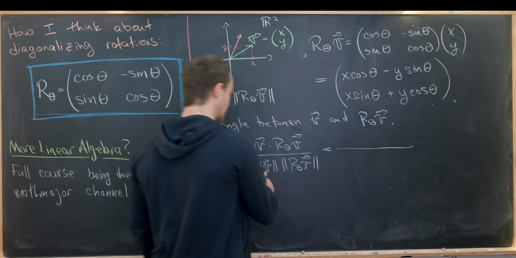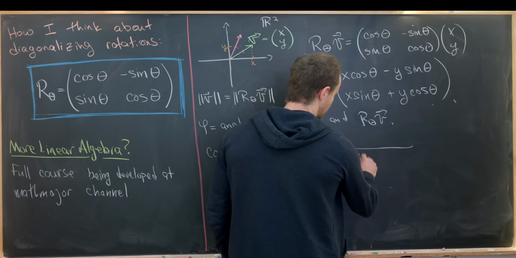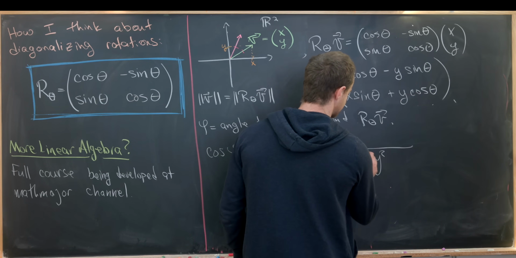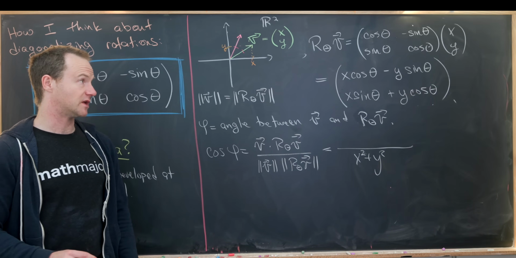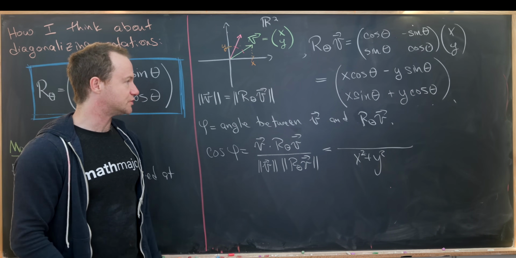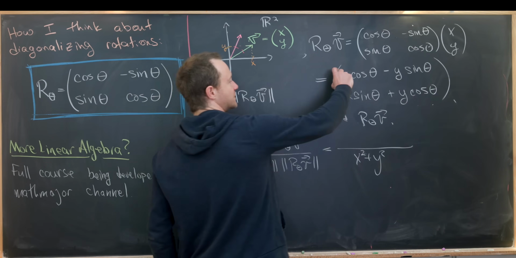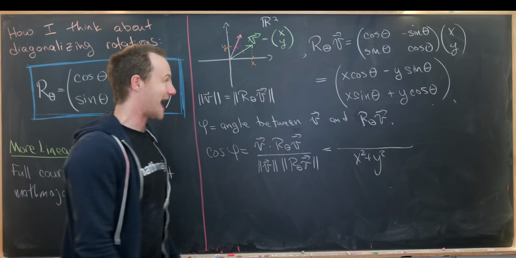So first up, we know that the modulus of V, the modulus of r theta times V, were both the square root of x squared plus y squared. So that means when we multiply them together, we get x squared plus y squared. Now let's see what we get when we dot V into r theta V. That means we multiply this component by x, this component by y, and then add them.